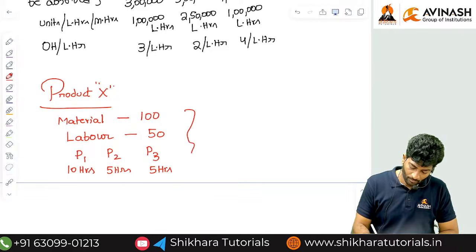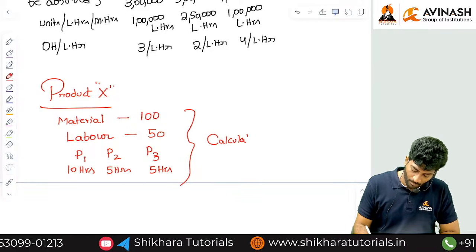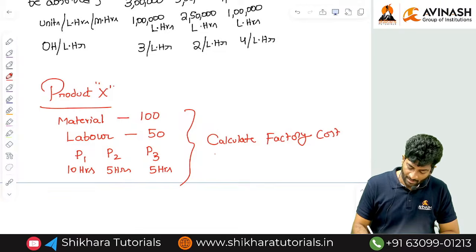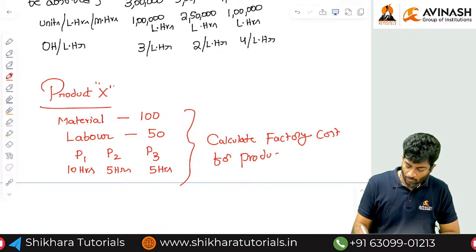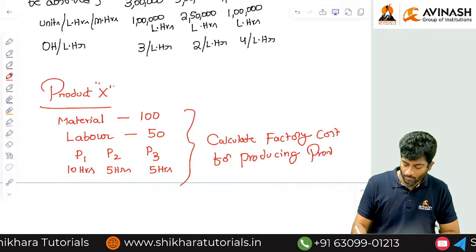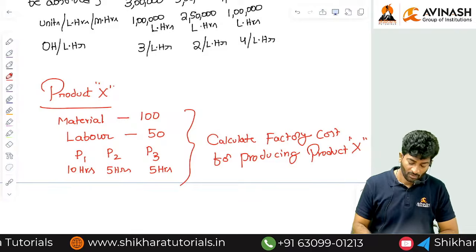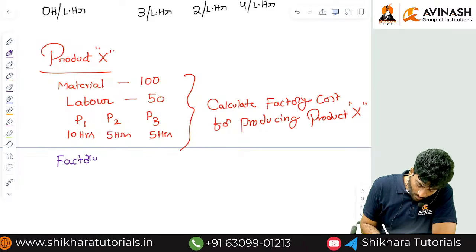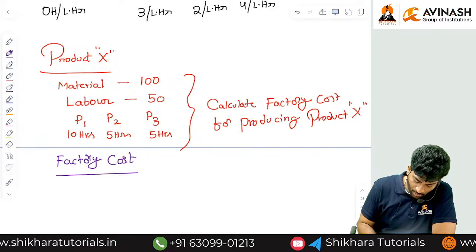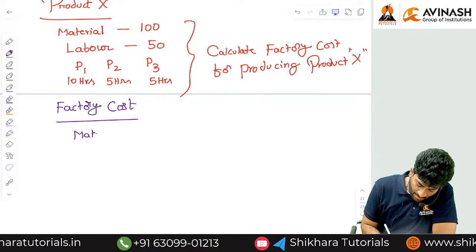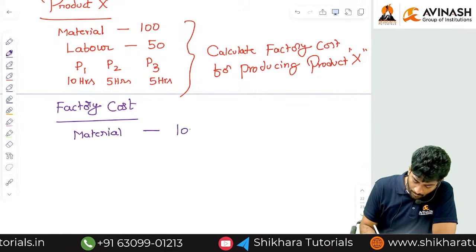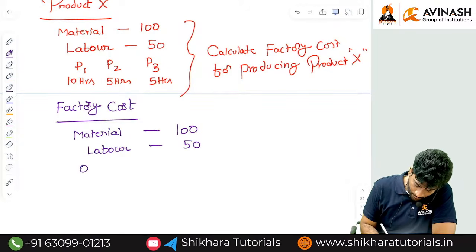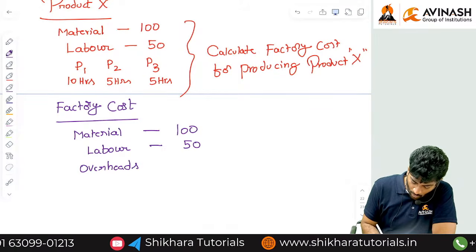Now calculate the factory cost for producing product X. Calculating that factory cost, I need to prepare a simple cost statement showing material cost 100, and above that the overheads.